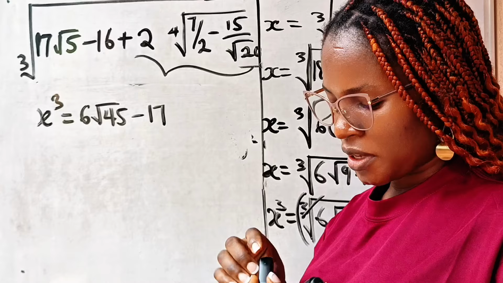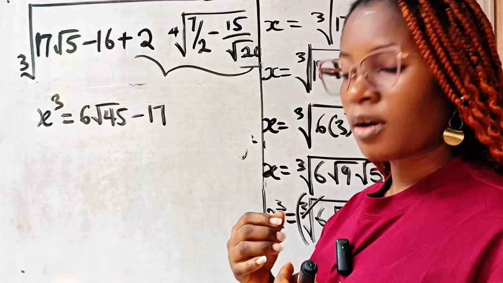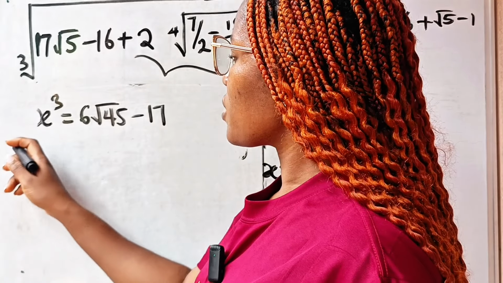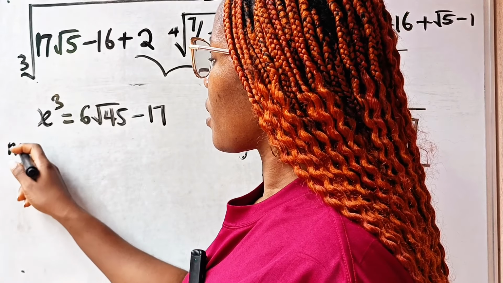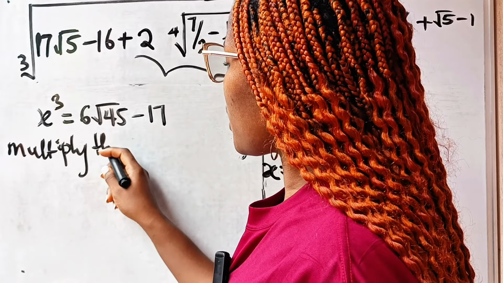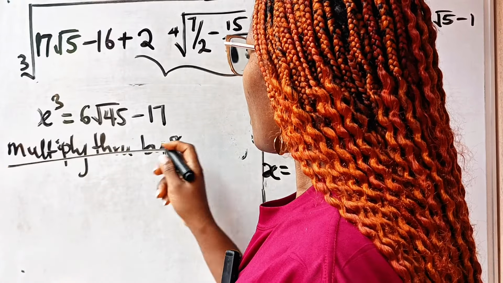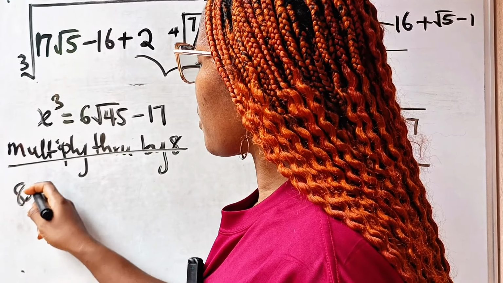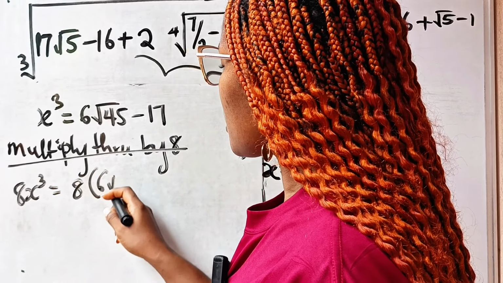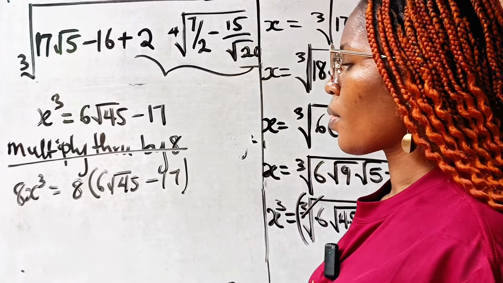So if we multiply both sides by 8, we have 8x to the power of 3 is equal to 8 bracket 6 root 45 minus 17.